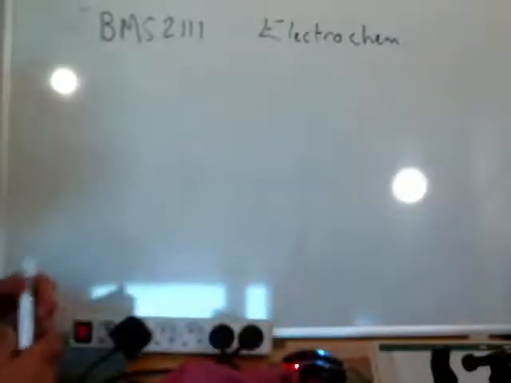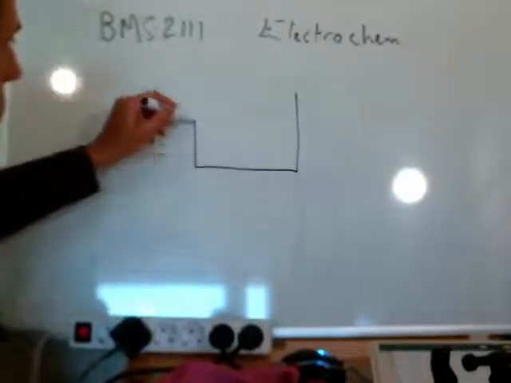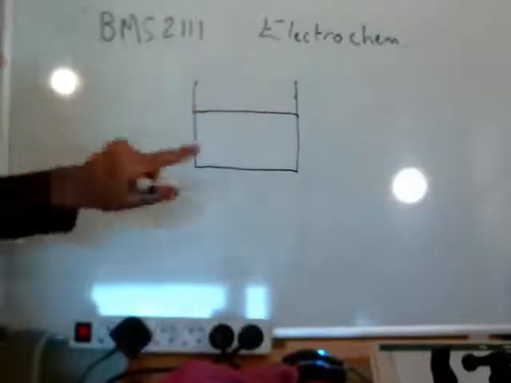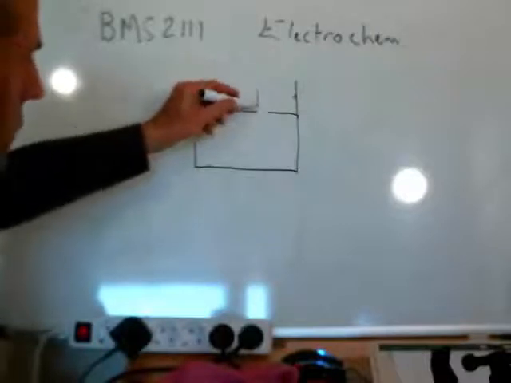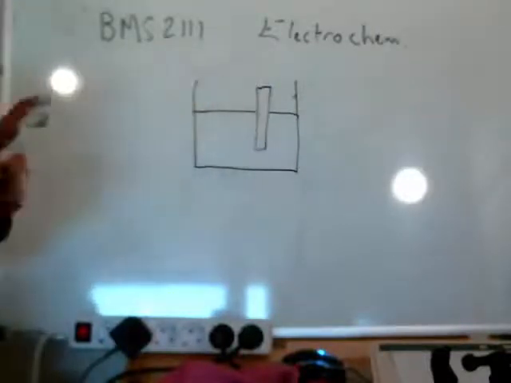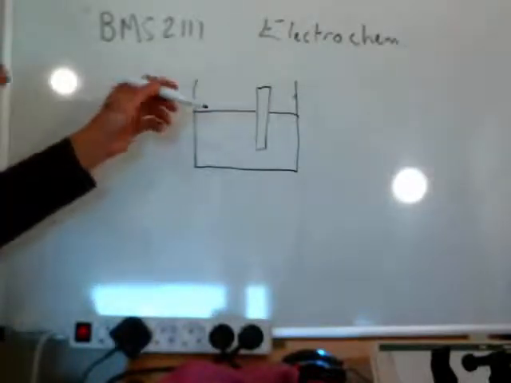So if we take a theoretical situation where we have a container with an electrode in it, we obviously can't have a single electrode. We'll have to explain how we're going to do that in the future. We can't have a single electrode and put a charge on it because the electrons have got to go somewhere.